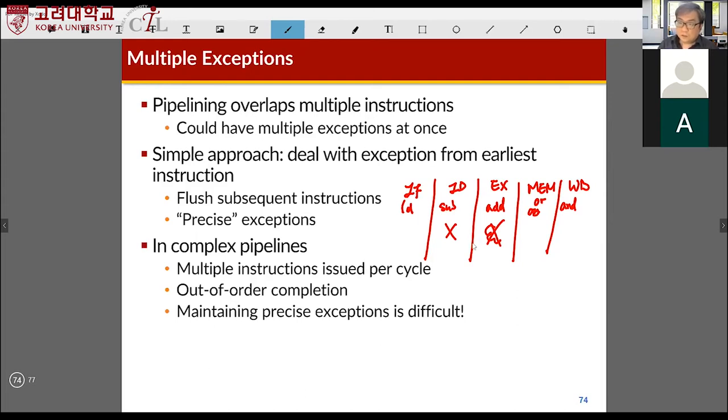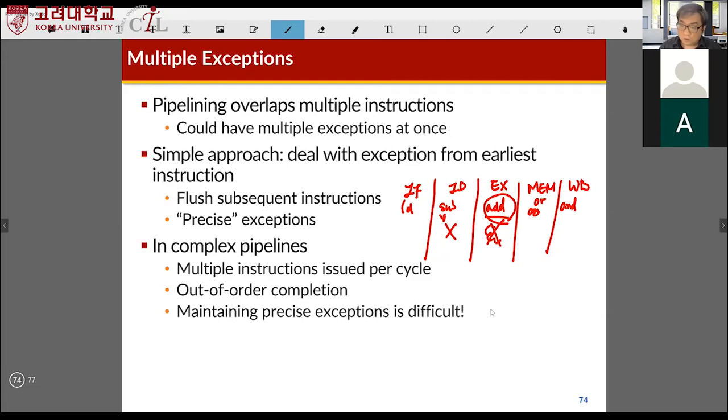We need to know what the preceding instruction is when multiple exceptions happen. In the program code, ADD is the former instruction of this SUB instruction. So when the exceptions happen, these multiple exceptions need to be handled in order.